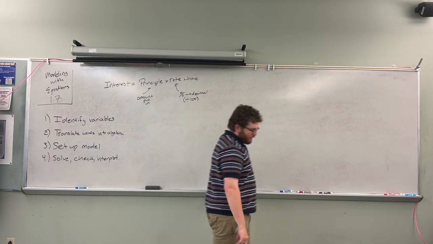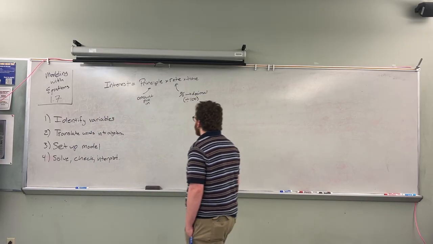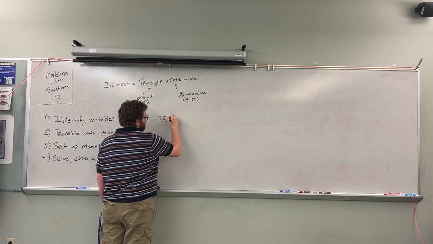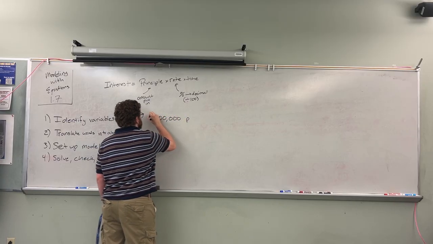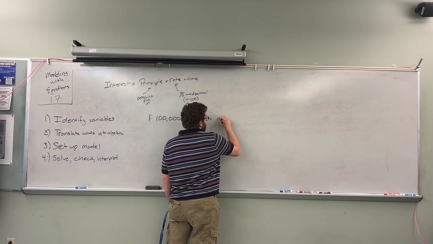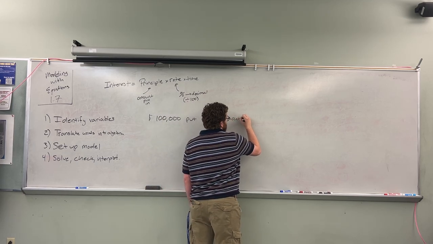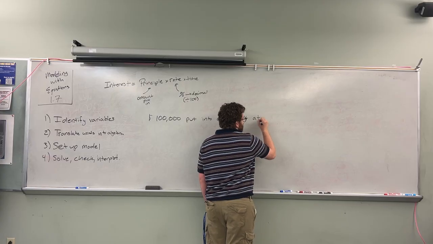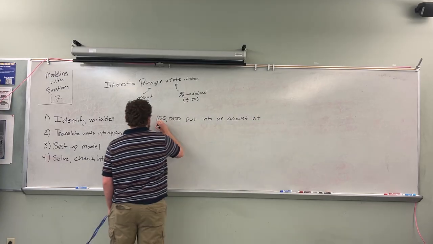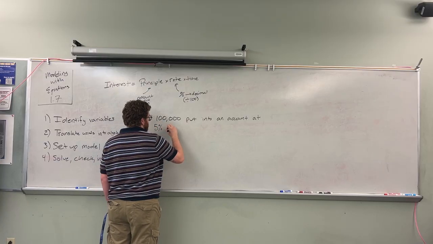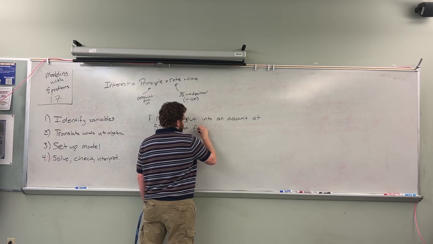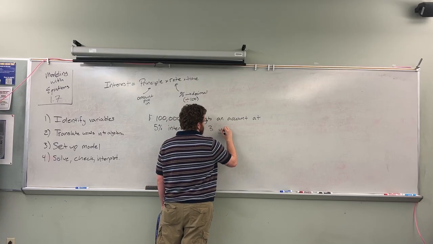So for example, say I have $100,000 put into an account at 5% interest for 3 years.